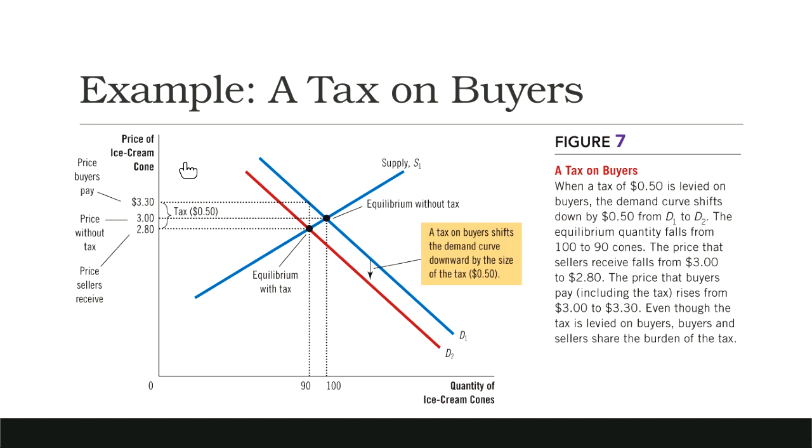With the tax on the buyers, equilibrium is established at $2.80, and this is the price that sellers receive, and this is the actual price of the good. And then a 50-cent tax is added to the prevailing equilibrium price. So instead of sellers paying the tax after the item was sold, buyers pay the tax when it's sold.